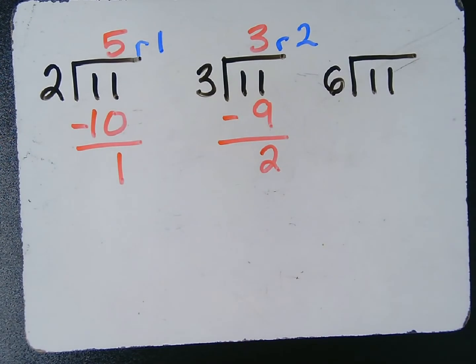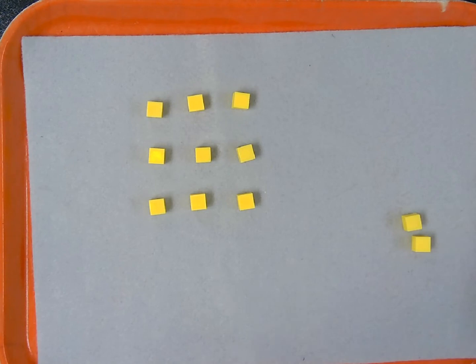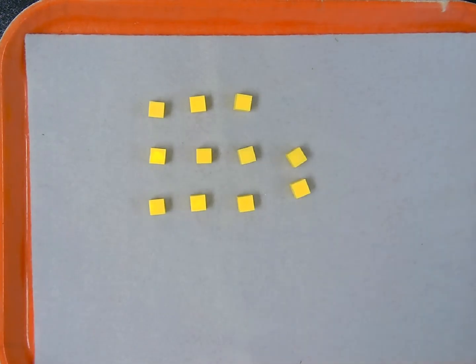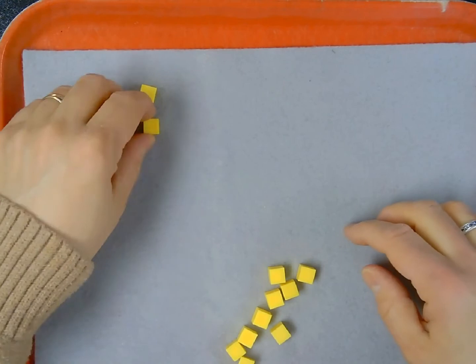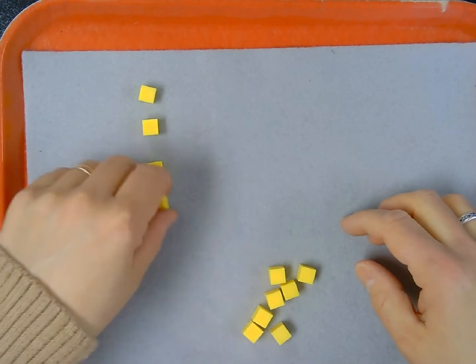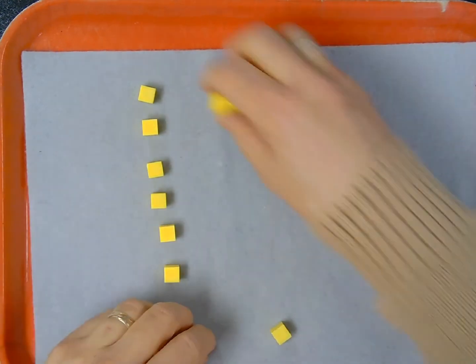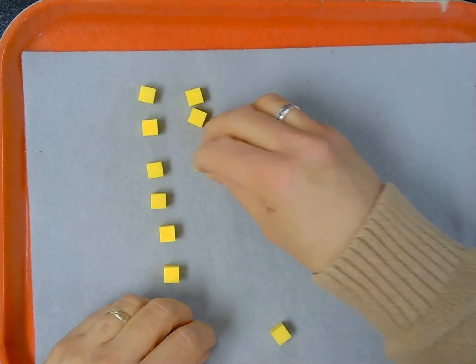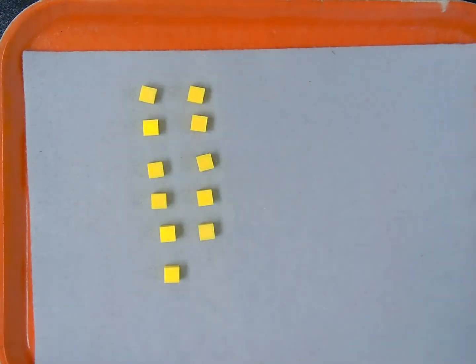Now, when I try to divide my dividend 11 by a larger divisor, it gets even weirder. I want to divide my 11 blocks into 6 groups. So I'm going to make 6 rows. 1, 2, 3, 4, 5, 6. And then when I try to make a second column in my rows, I run out of ones.